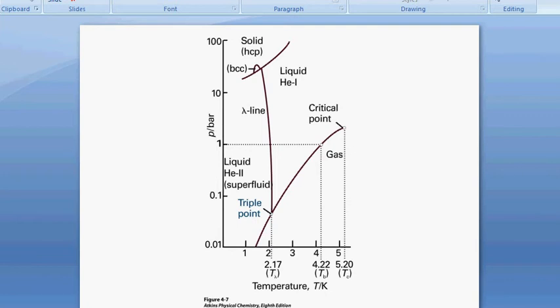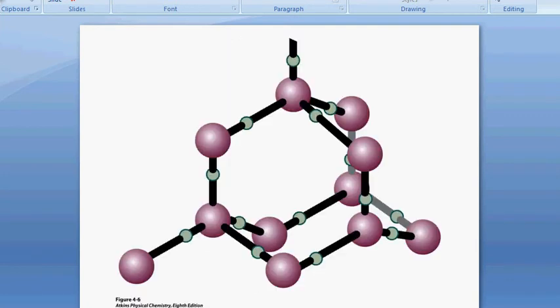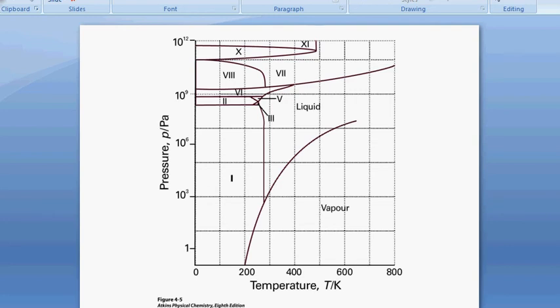Now, you ask me what is the significance of the negative slope over there. Normally, if you are compressing something, you are trying to bring the molecules closer, which means expansion would require more energy.